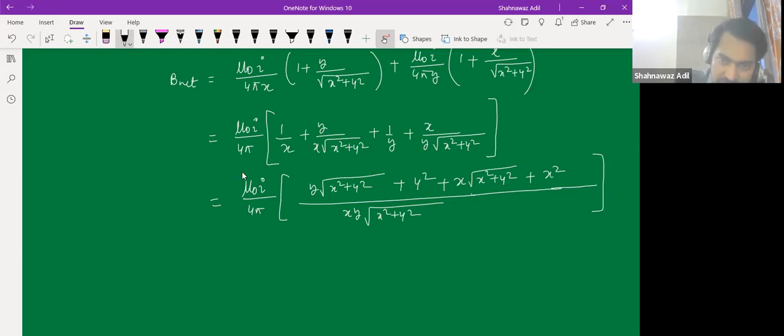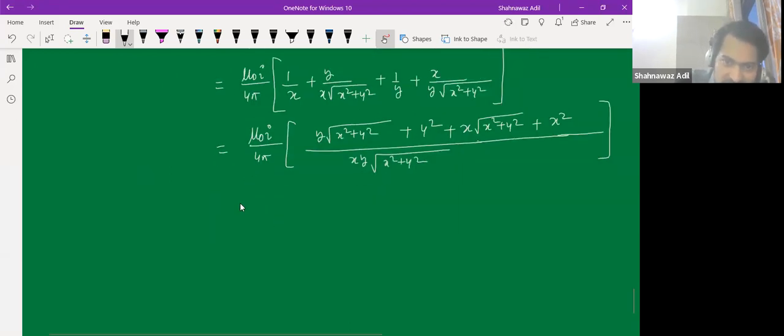So if I write them separately, I write this one and this one together: x square plus y square divided by xy root of x square plus y square.